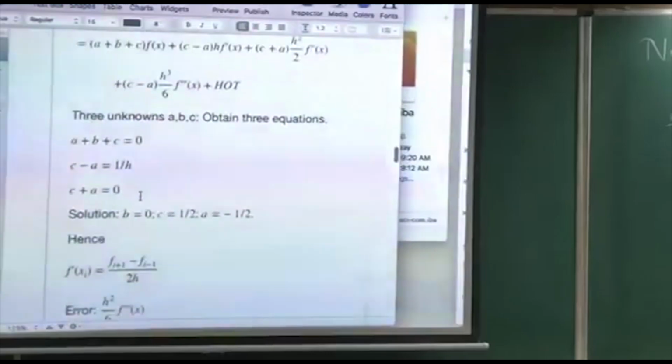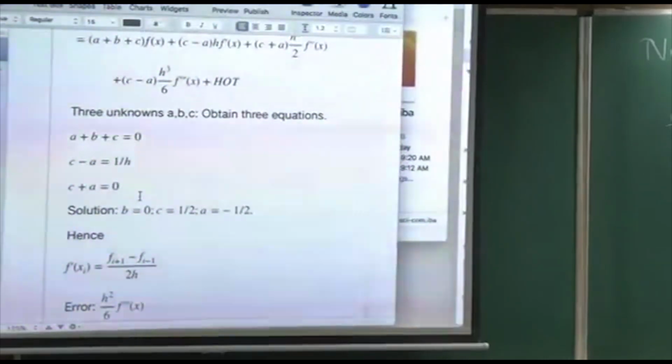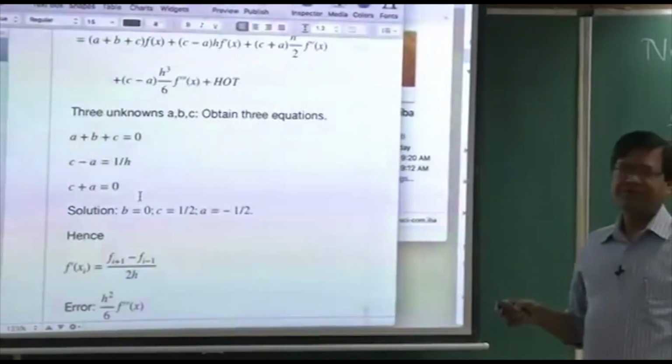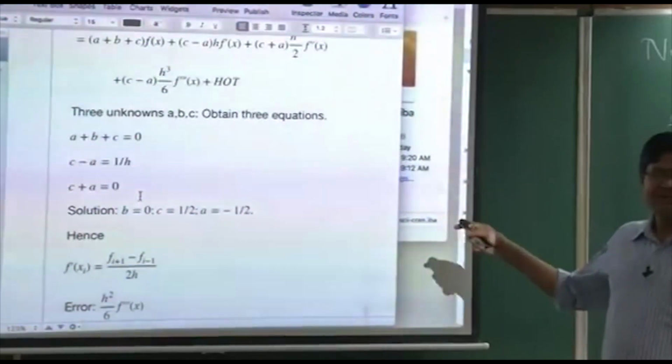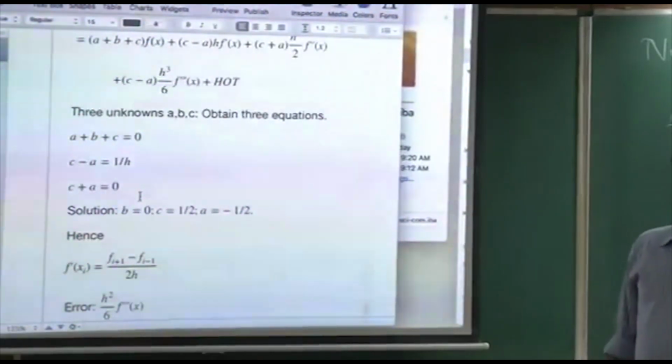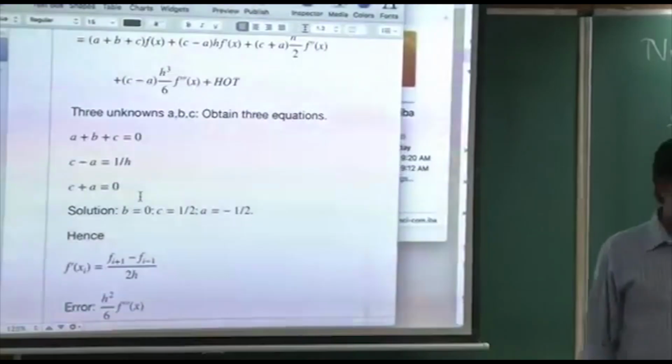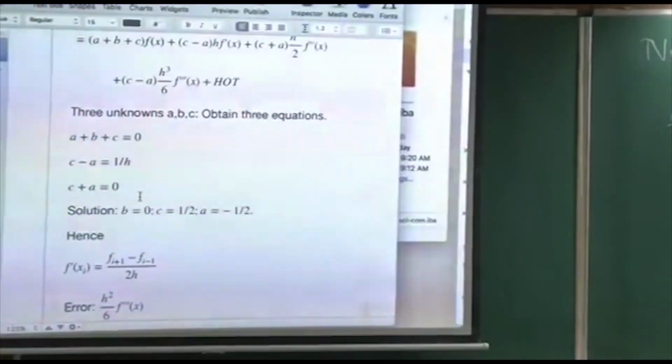So the formula is this, and what is the error? The error is the term which I am not including in the formula: c minus a times h cube by 6. Since c minus a is 1 by h, basically you get h squared by 6 times f triple prime, that means the cubic third order derivative. Am I too fast? The slides do tend to get too fast.